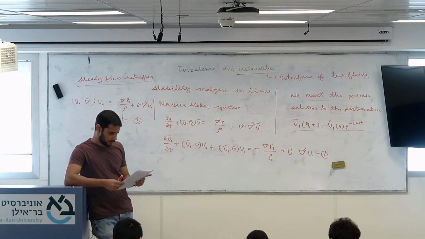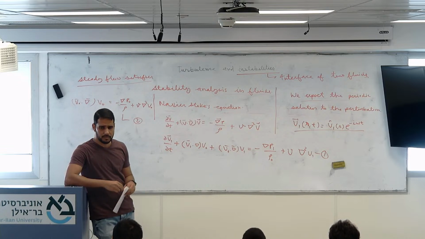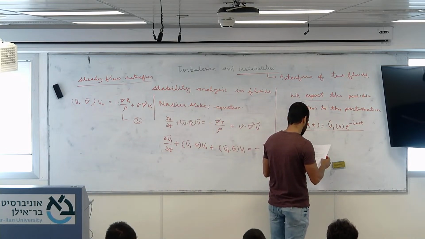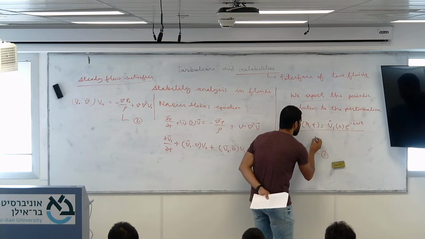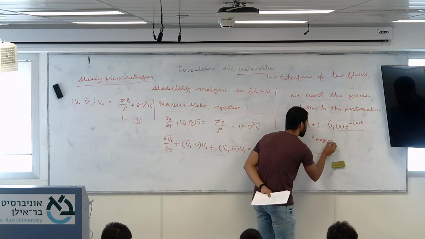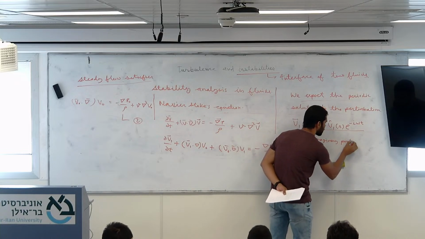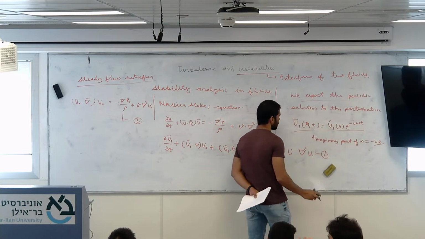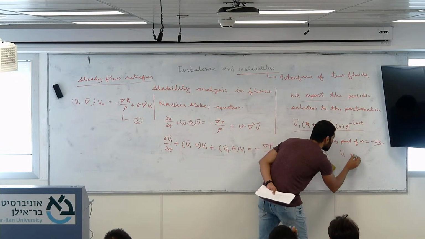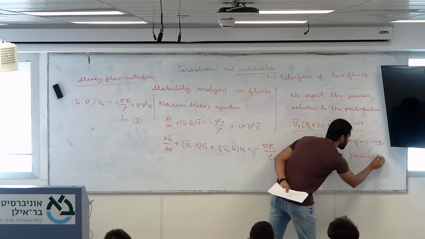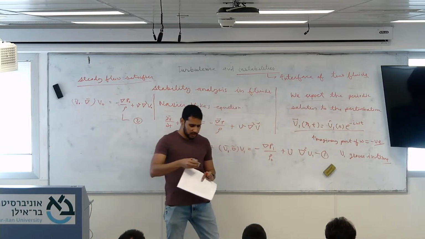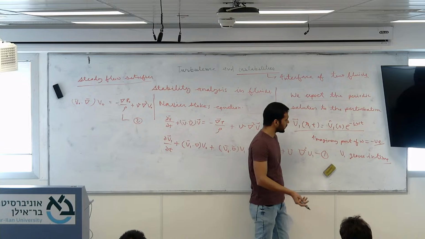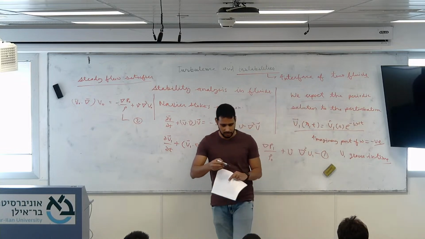Omega is complex, right? If the imaginary part of omega is negative, it becomes e to the power of some constant times t.